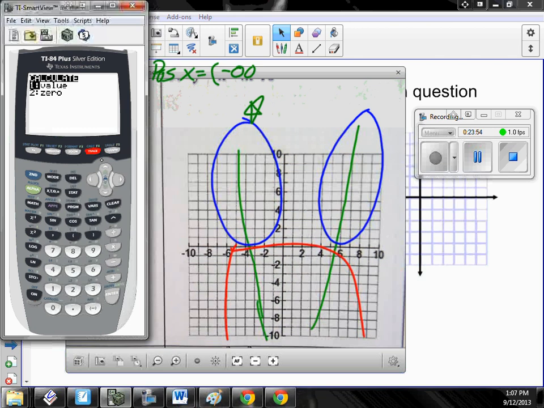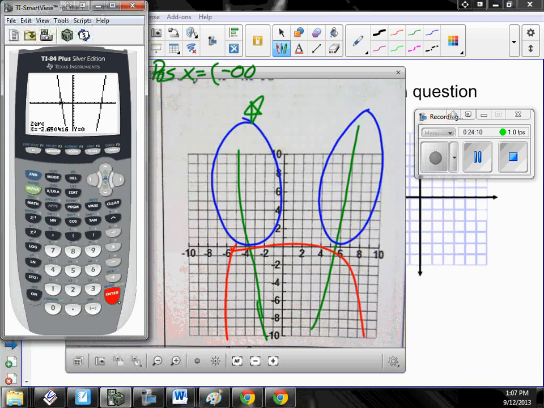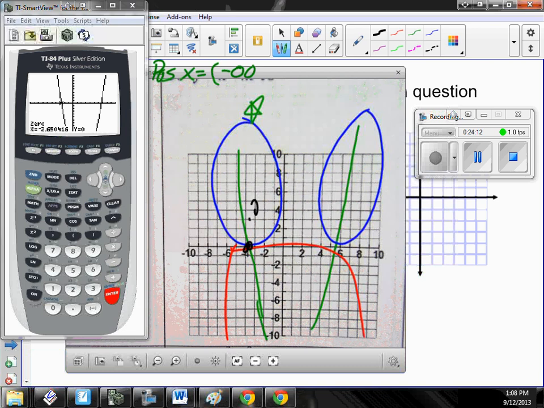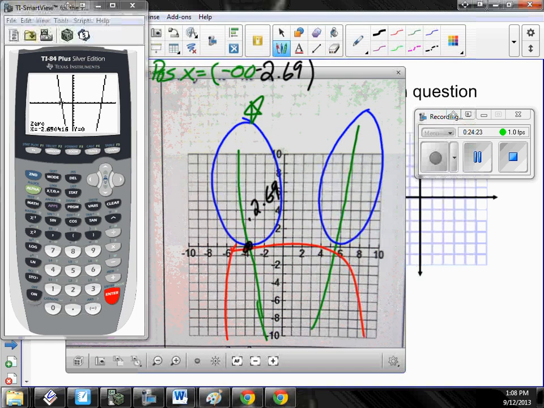So second calc, go down to 0. And I'm going to plug in left bound, say -4, -2. I'll pick -3 as my guess. So this value here is -2.69, which means that at -2.69, the graph all of a sudden becomes non-positive.